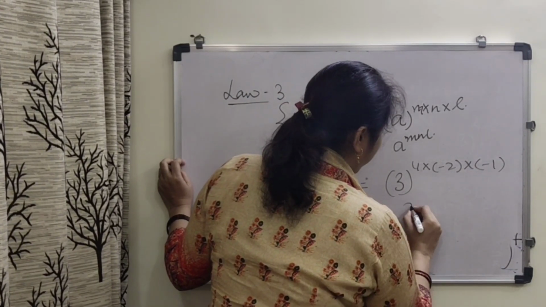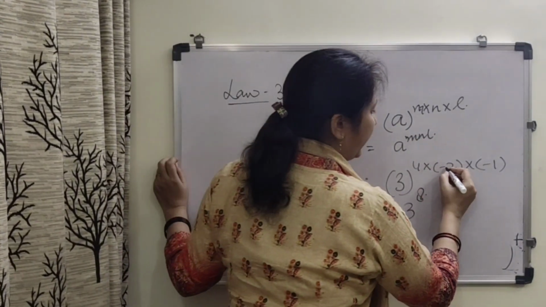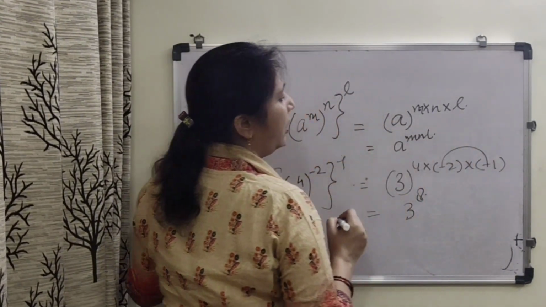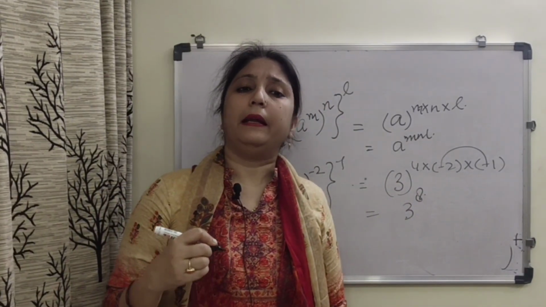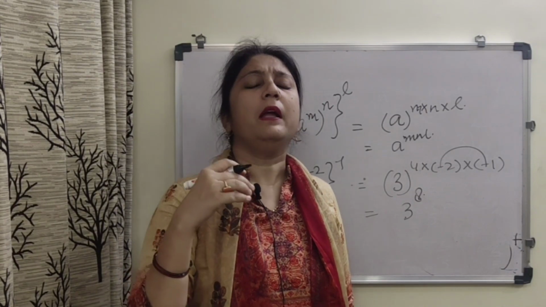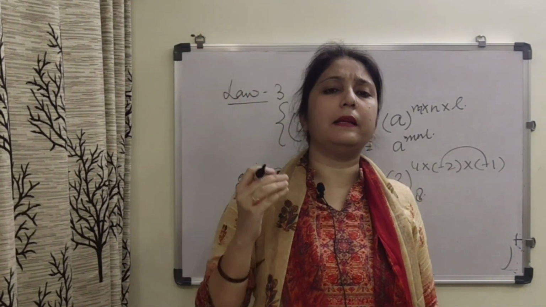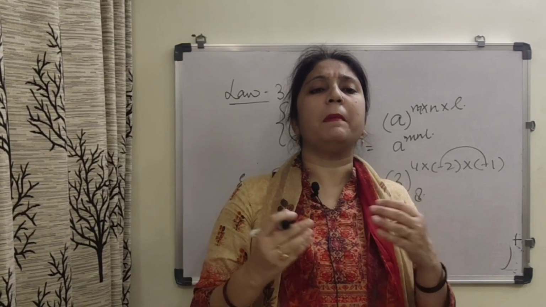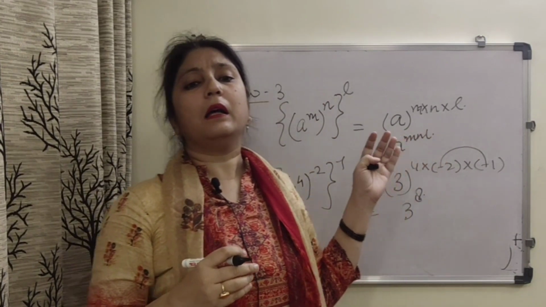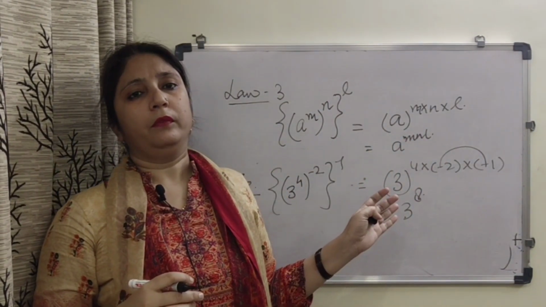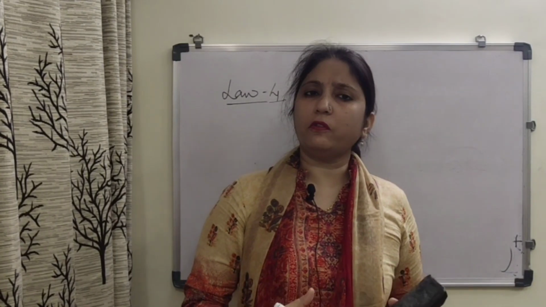The answer would be 3 to the power 8, because these two minus signs cancel themselves and ultimately the result will be 3 to the power 8. That means if you have exponent over exponent over exponent, in that case we multiply all the exponents. This is our third law. Understood? We have completed 3 laws till now.